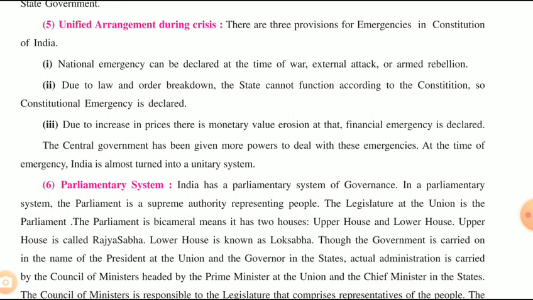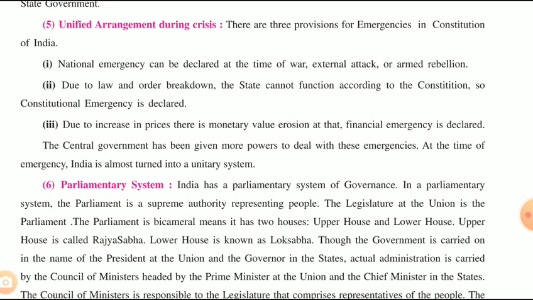So at that time the union government comes in front and takes control over such situation. So the central government holds more power than the state government, as the central government is headed by the president.